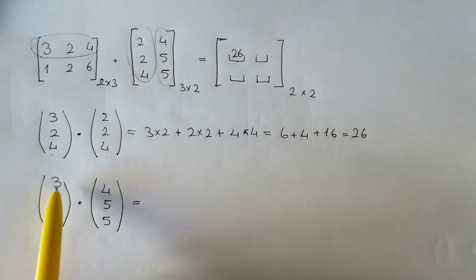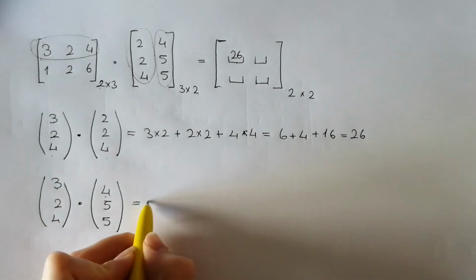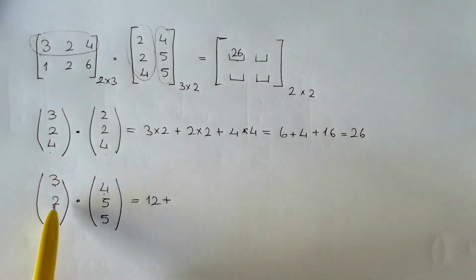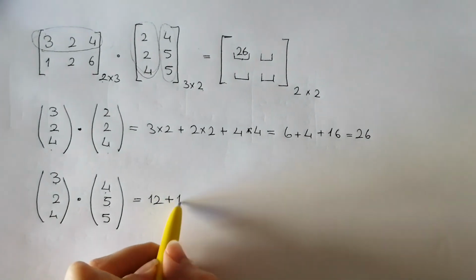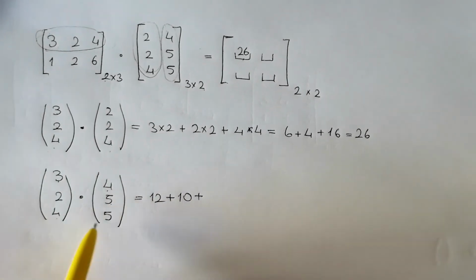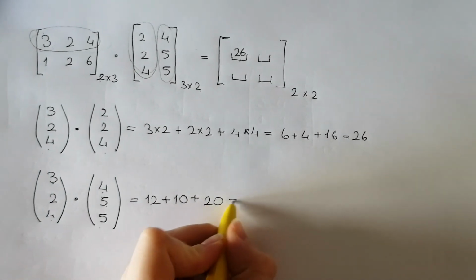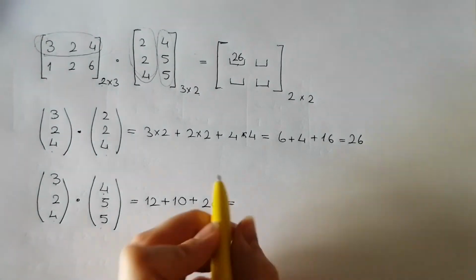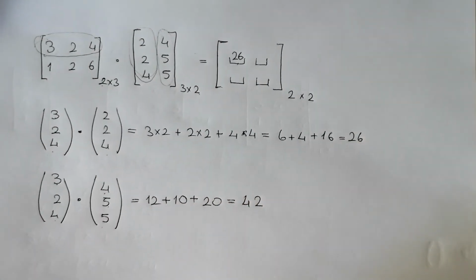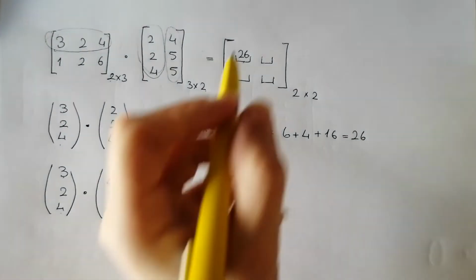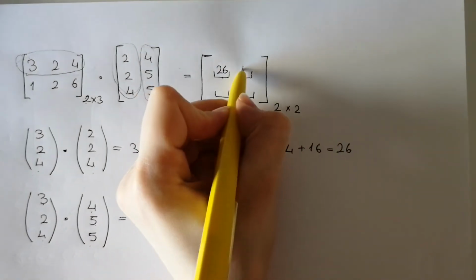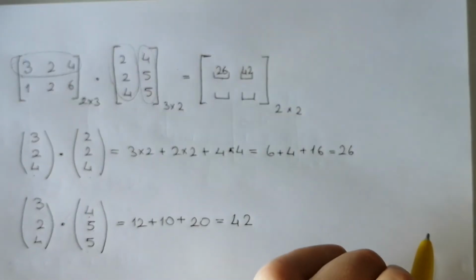Let's multiply it. 3 times 4 is 12 plus 2 times 5 is 10 plus 4 times 5 is 20. So this is 42. So this entry is 42.